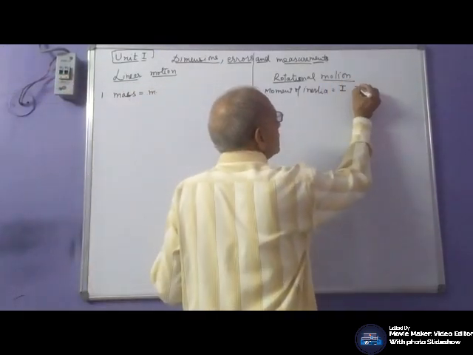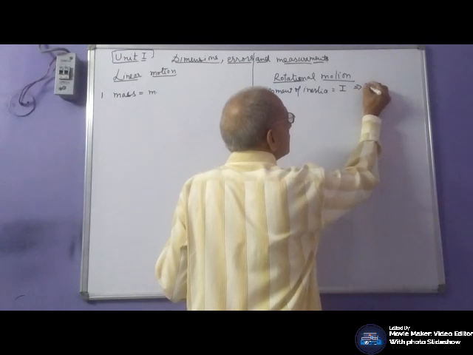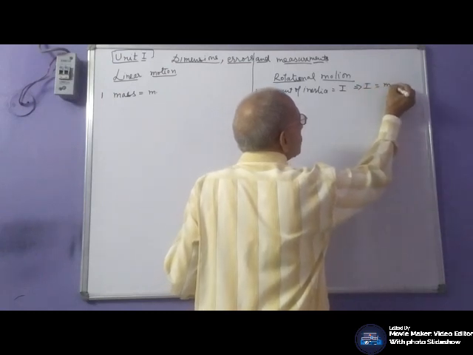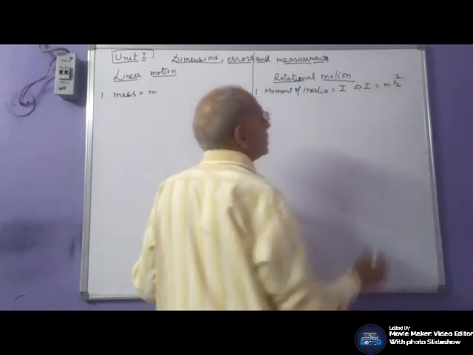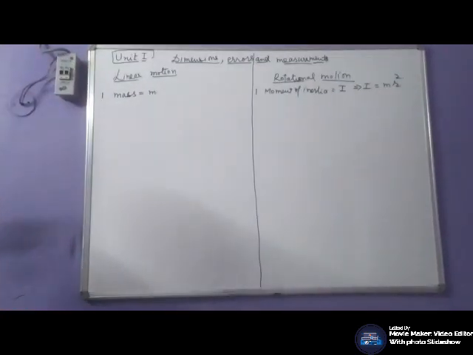And this I is mr square. R is the radius of the circle in which the body is rotating, the radius of a wheel when it is rotating about its axis.